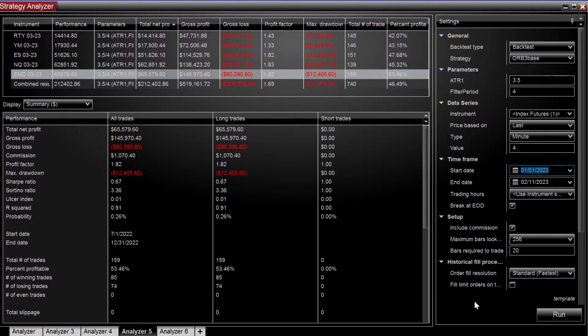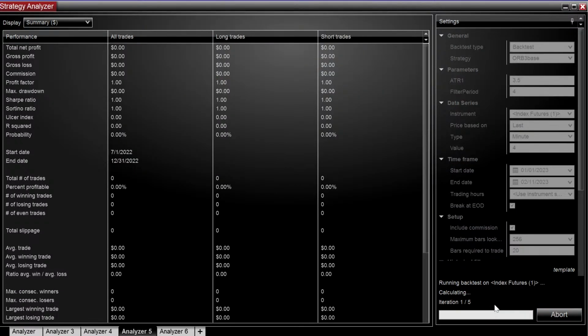Like, nothing was built on this data. Nothing, completely new. So we could just pretend that we finished building this strategy at the end of 2022 and started it this year and see what's going on, right? So let's go ahead and run it.